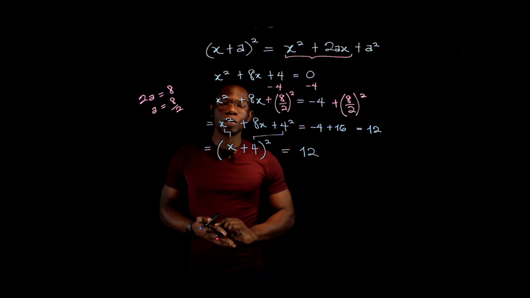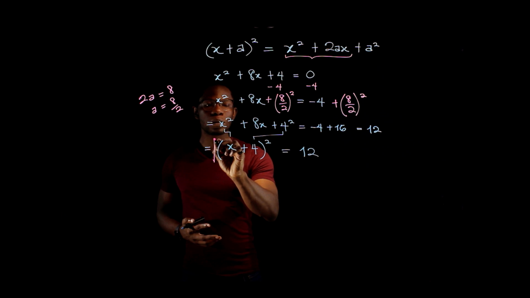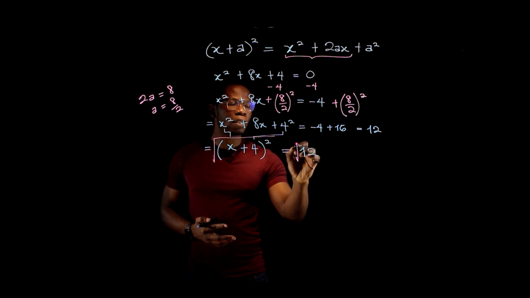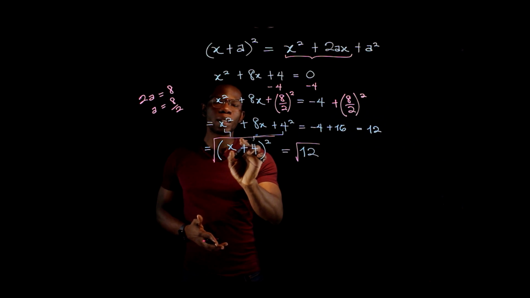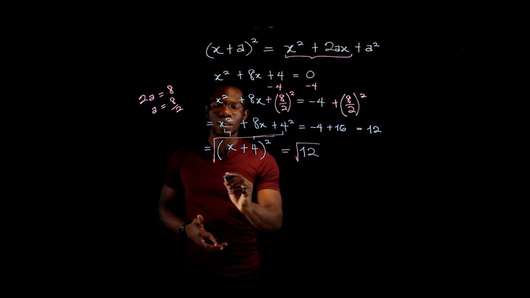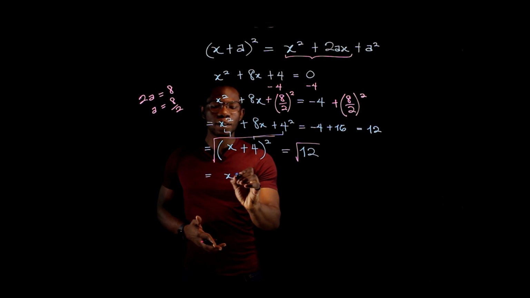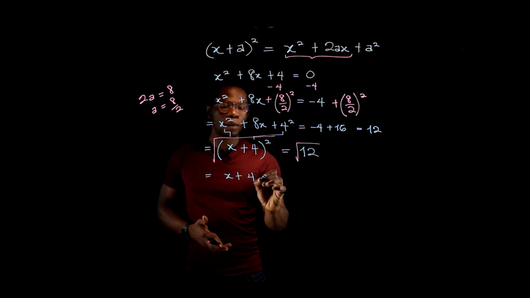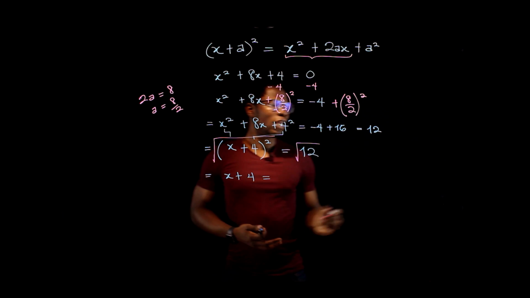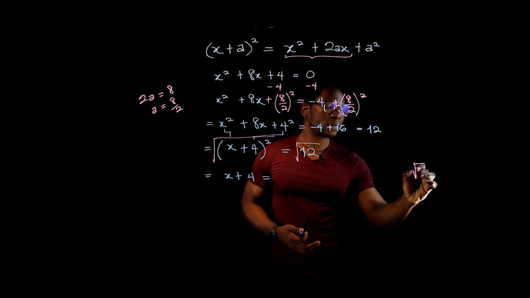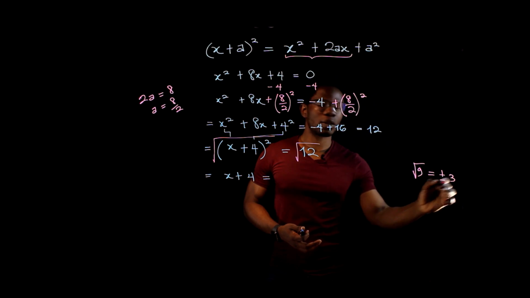Now the next thing we do is to look for the square root of both sides. Now if we look for the square root here, the square root cancels out the squared sign. So we're left with x plus 4 equals. Now on this side, if we have the square root of 9, this is going to be equal to plus or minus 3.